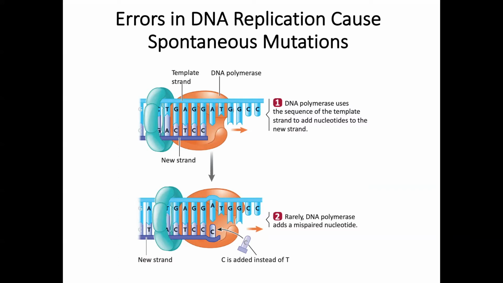And it can be as high as 1 mistake per 100 to 1,000 nucleotides in a group of error-prone polymerases in humans. You don't have to remember exactly the numbers, but I just want you to understand that polymerase can make mistakes, and this mistake is going to lead to spontaneous mutations.